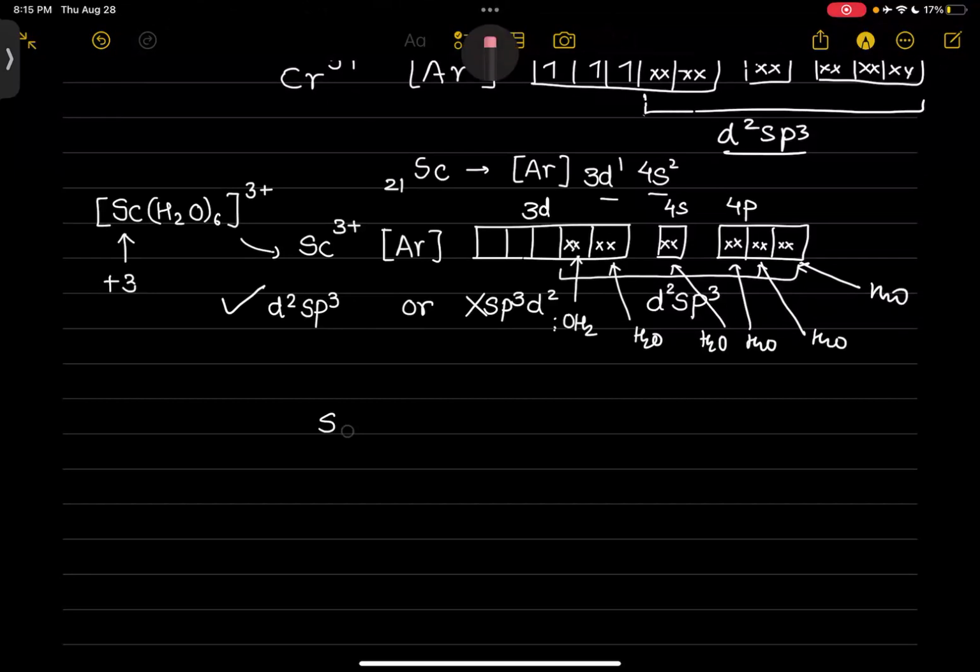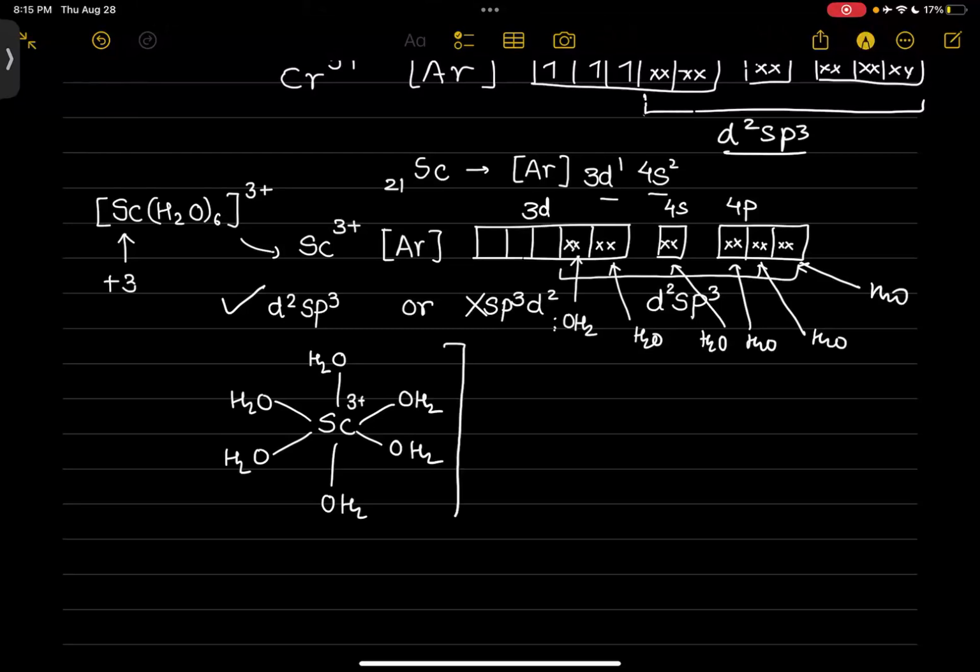It will be octahedral. In the case of coordination number 6, geometry is not changed by hybridization. So this is going to be the complex. It is going to be diamagnetic.